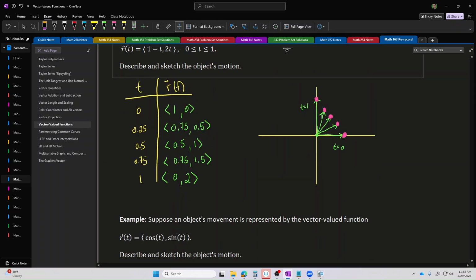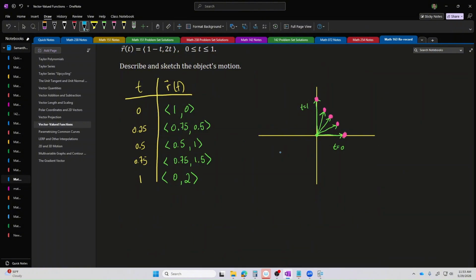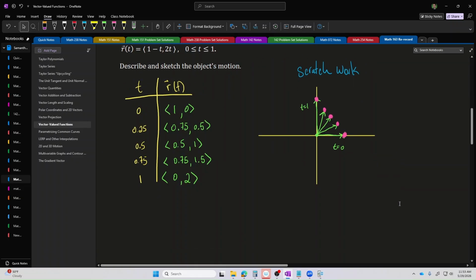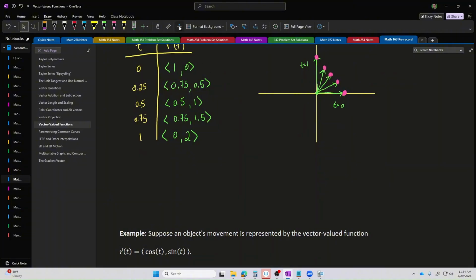So based on that scratch work, let's see if we can understand and describe what the object is actually doing and how it's moving between these two moments of time. It looks to me, based on the pattern of the dots, that this object is traveling in a straight line between these moments.